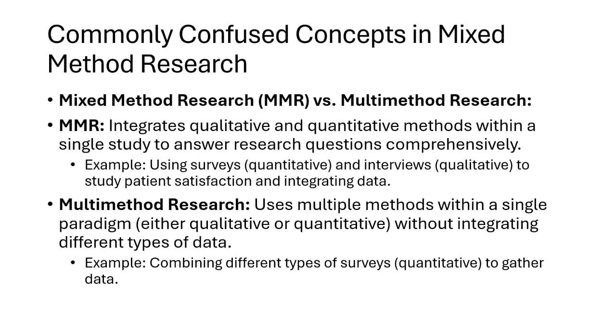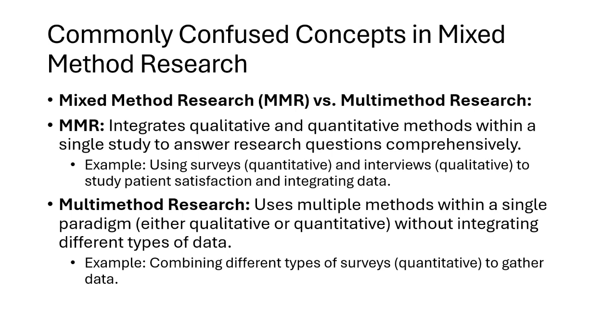Now, in multi-method research, we use multiple methods within a single paradigm, either qualitative or quantitative, without integrating different types of data. So an example of mixed method research could, for instance, be using surveys, which are quantitative in nature, and interviews, qualitative, to study patient satisfaction and integrating the data.